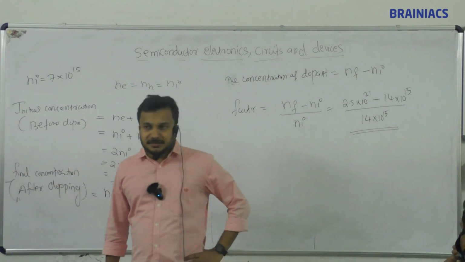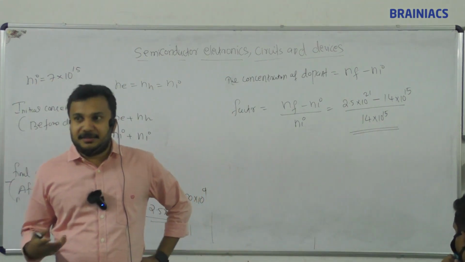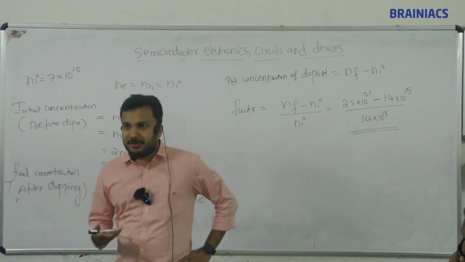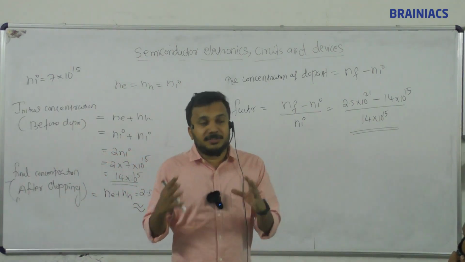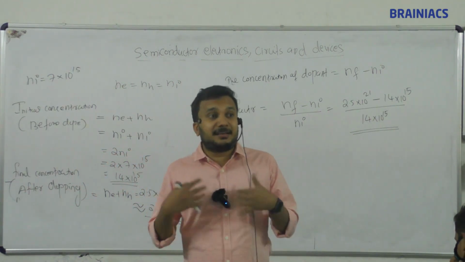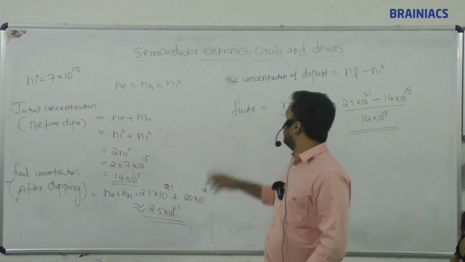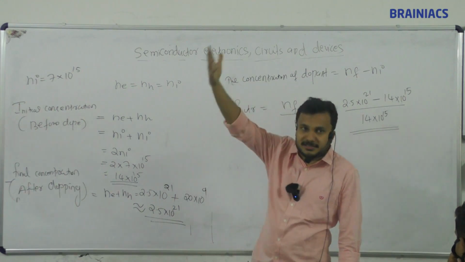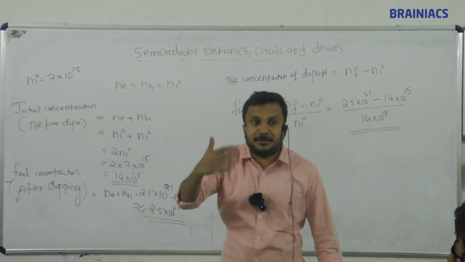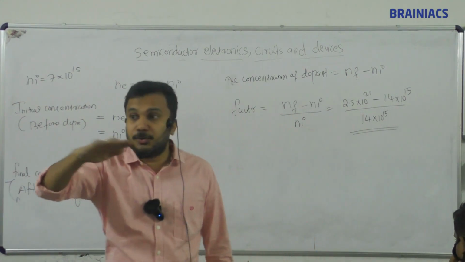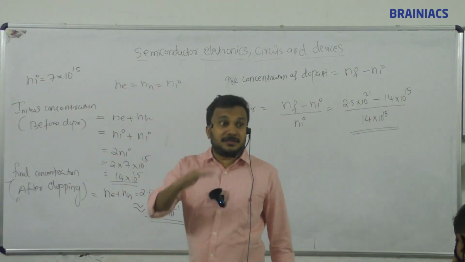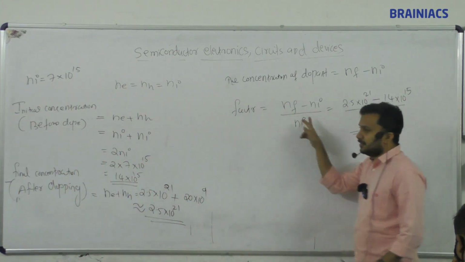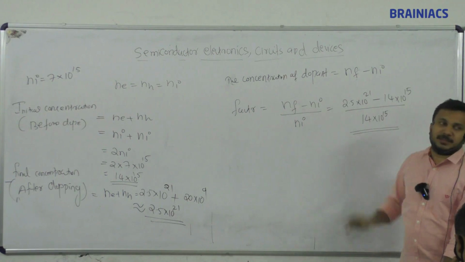Number of charge carriers increases by a factor due to doping. Because of doping, how much are the charge carriers increased? The increase is NF minus NI, the quantity increased. How much factor? Factor means with respect to the initial value, which means divided by NI.